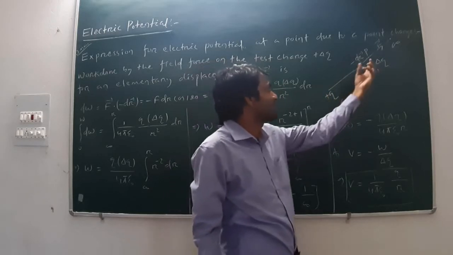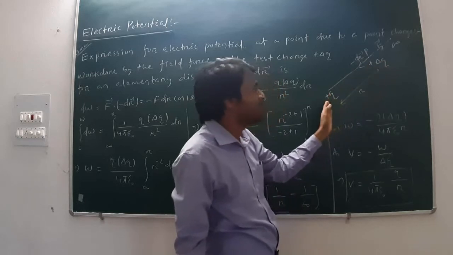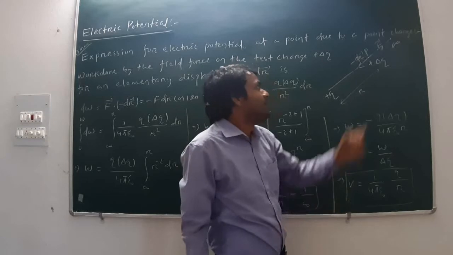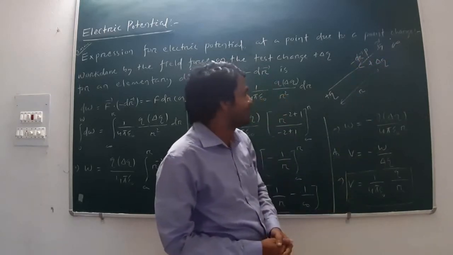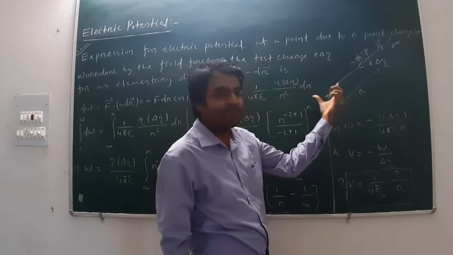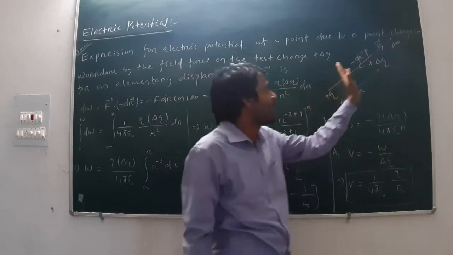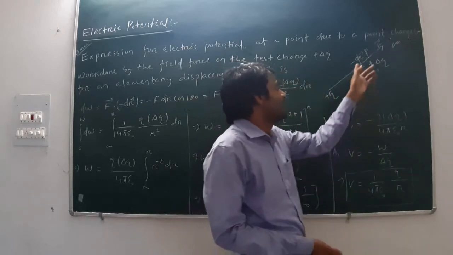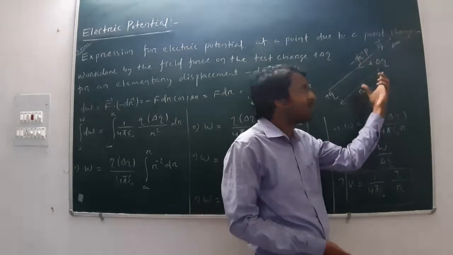Let the distance between the point of observation where the test charge is placed and the point charge plus Q be r. As both charges are positive, because the test charge is always positive and here I have taken a positive point charge, the electrostatic force is repulsive and its direction is away from the point charge.